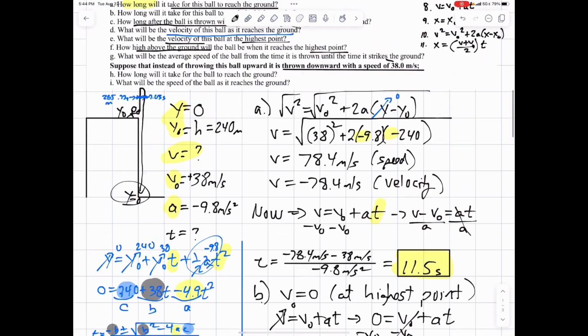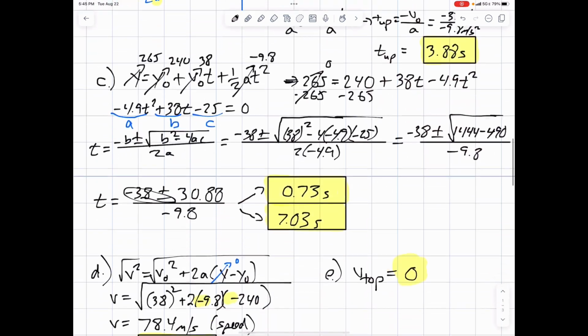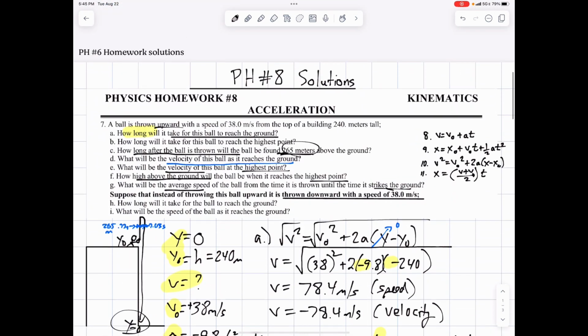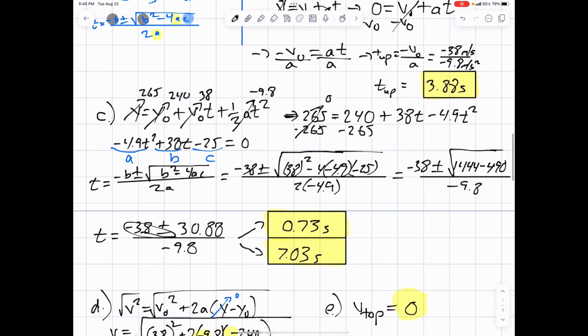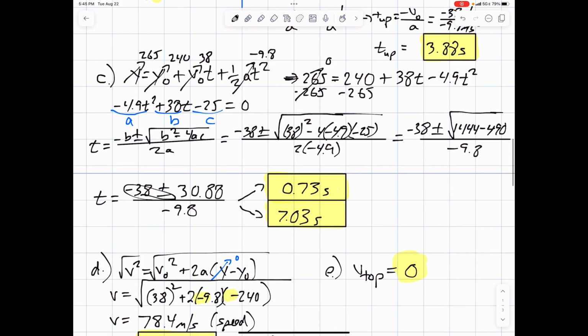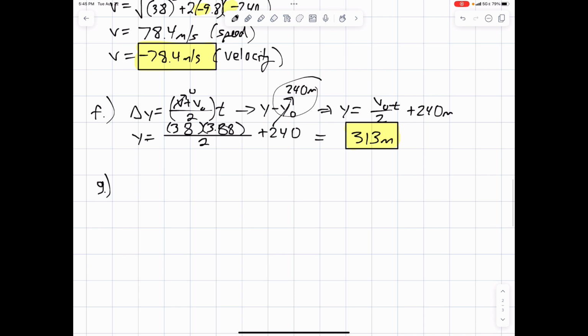All right, part G, we are looking for the average speed of the ball until it strikes the ground. Now, here's the thing. It's asking for average speed, but really, if you look at the answer key, it has a negative velocity, which means it really wanted you to answer average velocity. So I'm going to answer this both ways, using the equation (v plus v naught) over 2.